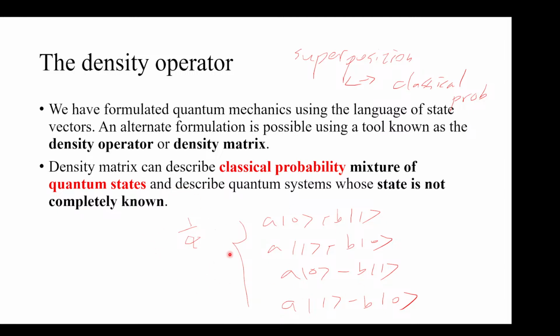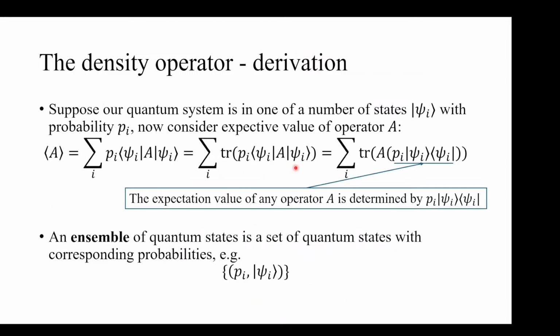They become a matrix, which we call the density operator or density matrix. It considers the classical probability mixture of quantum states, and these quantum states are superpositions of different basis elements, which is different from a classical probability mixture. So we start with a derivation of the density matrix.